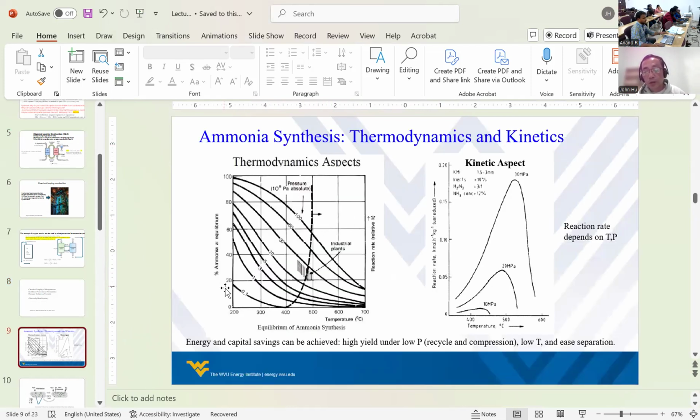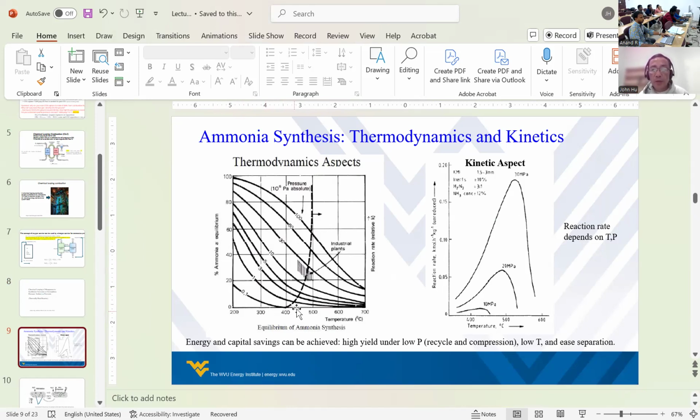Yesterday we also discussed this graph from the book, the equilibrium conversion at different pressures, from ambient to 10 bar, 30 bar, 50 bar, 100 bar. When you increase pressure, the equilibrium conversion increases.